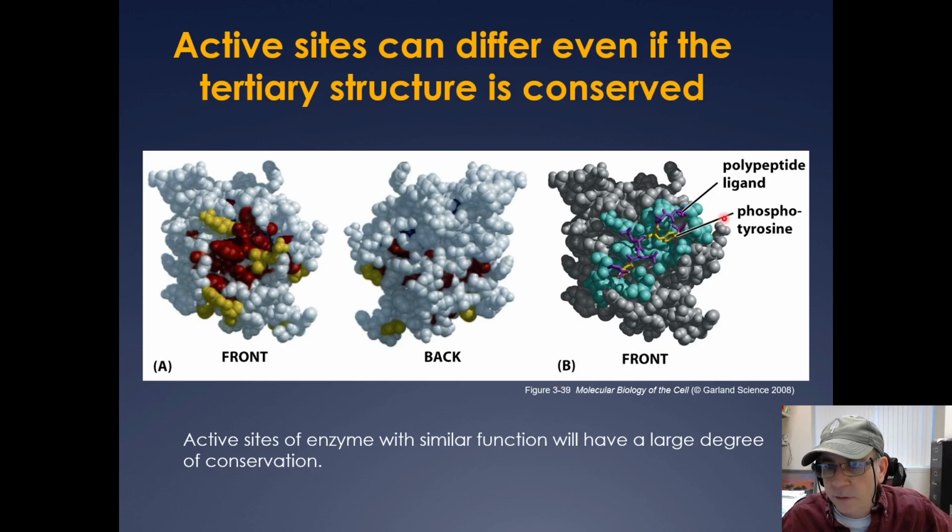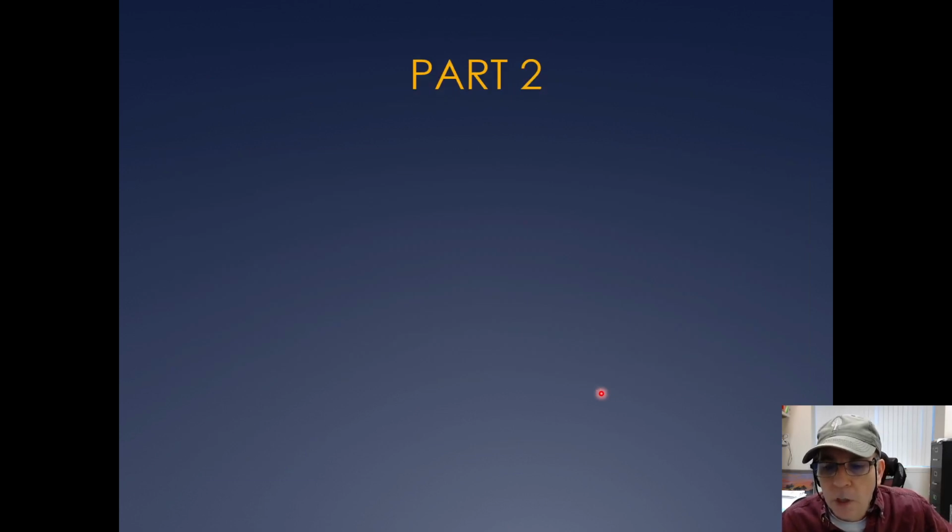And in this case, it's a phosphotyrosine, and here you have a polypeptide ligand. Phosphotyrosines come into play, and they're very important in cell signaling, which we'll see later. Okay, so the active sites of enzymes with similar function can have a large degree of conservation, I guess is the take-home message of this slide. So I'll leave it at that for now for part one.